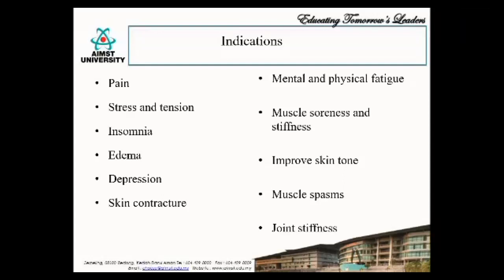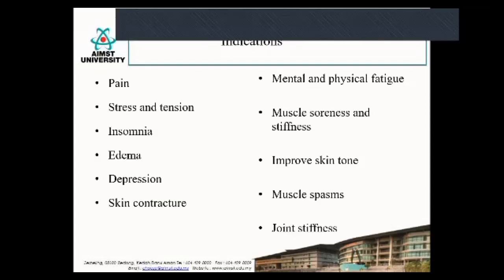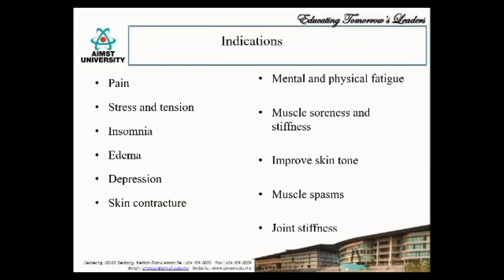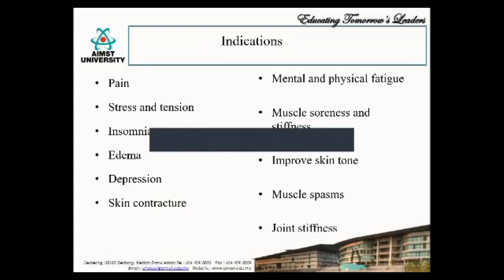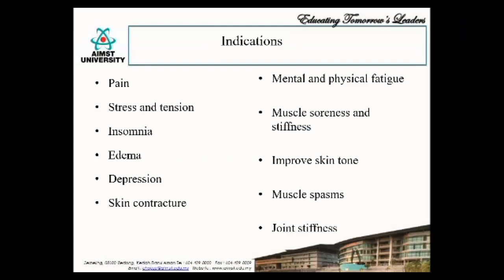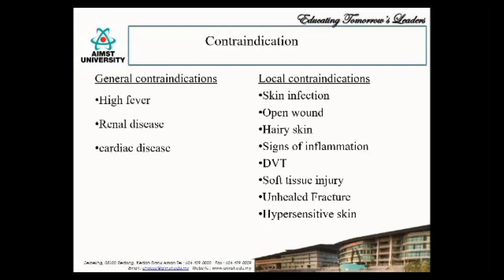Is that clear? So these are the indications of massage. If you see, almost all the problems are included: pain, stiffness, reduced range of motion, muscle spasm, skin tone. So you will be able to give massage and reduce all the problems.